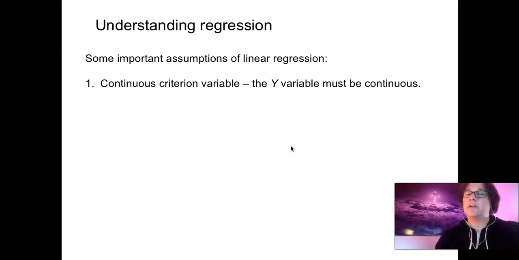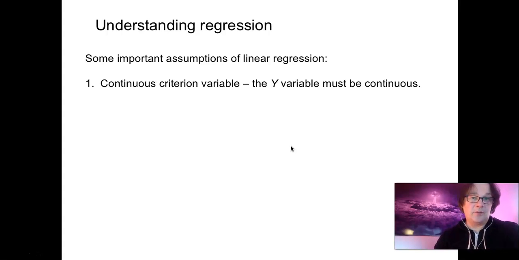Some important assumptions when using regression. The first is that we are dealing with a continuous criterion variable. So what is a criterion variable? The criterion variable is the variable that we are trying to predict. If I'm using a student's SAT scores to predict their college GPA, the criterion variable would be the college GPA.